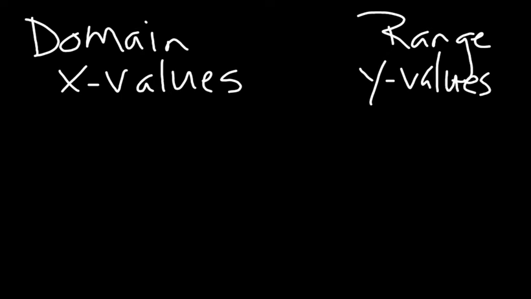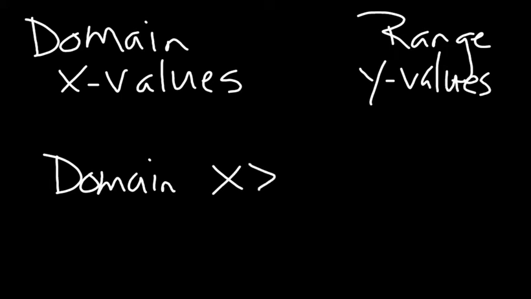But sometimes they give you a problem where they tell you the domain, and they tell it like this usually. Like they would say, the domain is x is greater than 0. That means for the x's you can only pick numbers that are greater than 0.